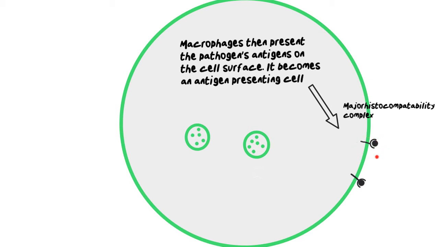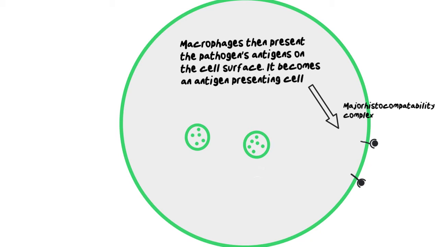The presentation of these antigens on a cell surface is brought about by the presence of major histocompatibility complex proteins found on the cell surface of macrophages. These proteins are specific to macrophages and they're brought about by a set of genes, major histocompatibility complex genes, which are switched on in macrophages.